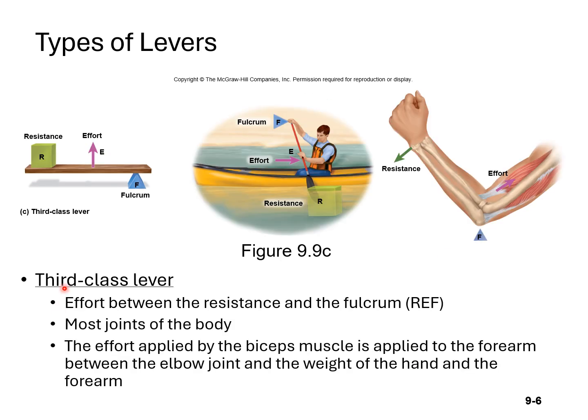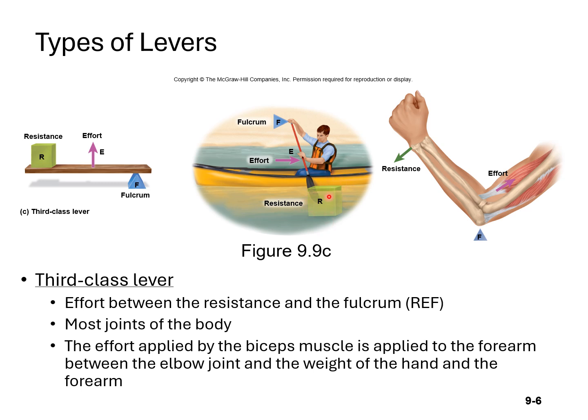Finally, third class. This is when you switch the resistance and the effort up. The resistance is now the furthest away from the fulcrum, and the effort is in the middle. An example is rowing a boat, where the fulcrum is where your hand is, the effort is where you're actually moving the oar, and the resistance is the water.